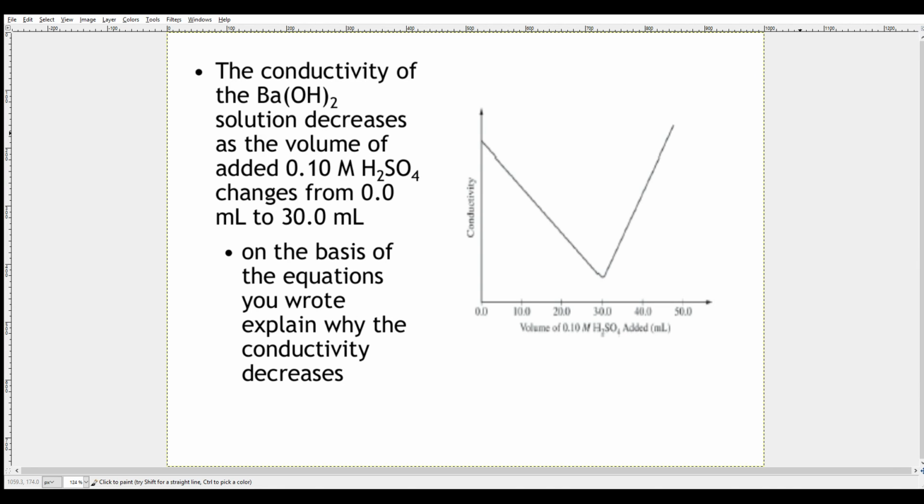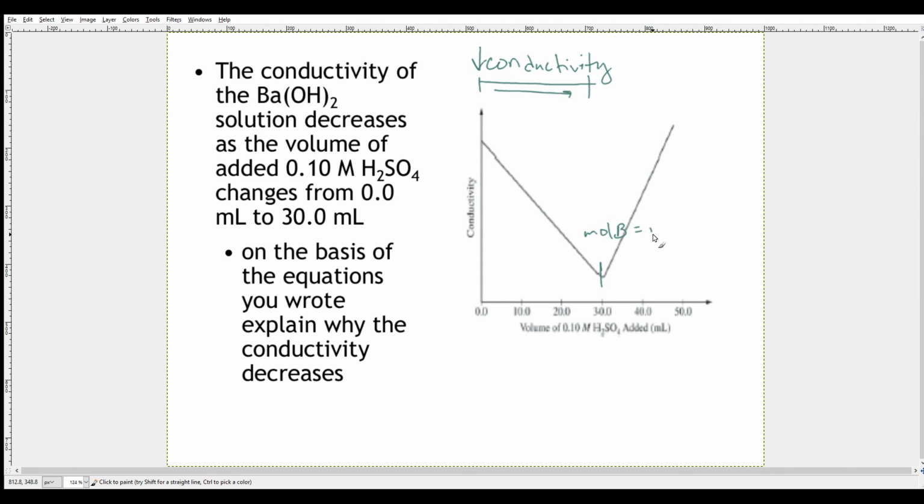All right, well then the conductivity of barium hydroxide decreases as we go from 0 to 30. Why is it that it decreases its conductivity? Why would that be? Well, we know right here that the moles are equal to each other.